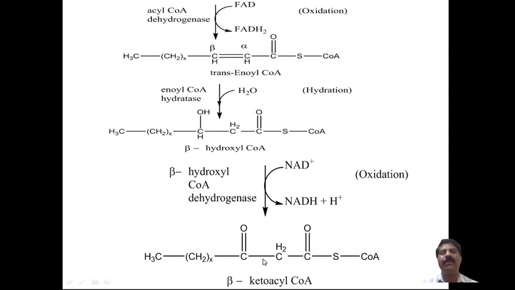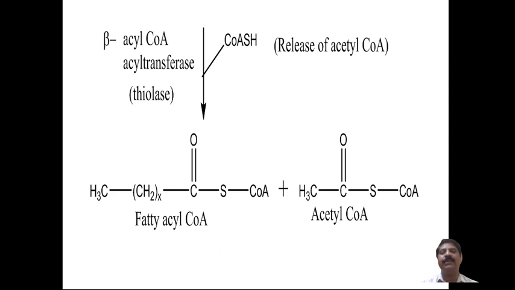This beta keto acyl coenzyme A is further treated with beta ketoacyl coenzyme A thiolase, using thiol coenzyme A, which releases acetyl coenzyme A, forming two separate molecules: fatty acyl coenzyme A and acetyl coenzyme A. It is liberated.